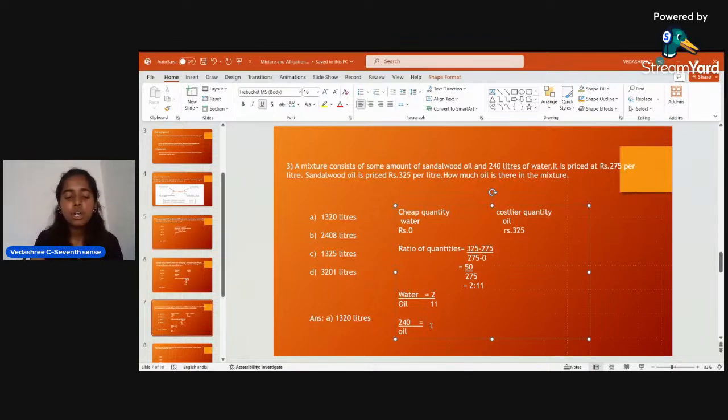So the quantity of water, 240 liters, divided by the quantity of oil, which is to be calculated, is equal to 2 divided by 11.